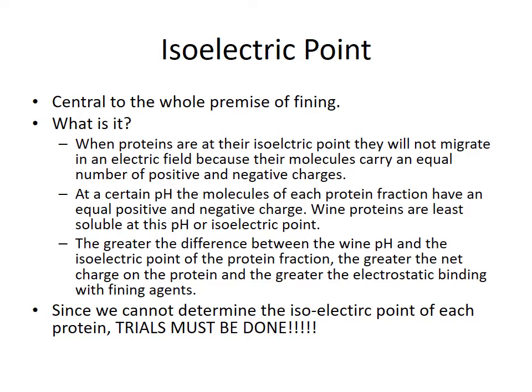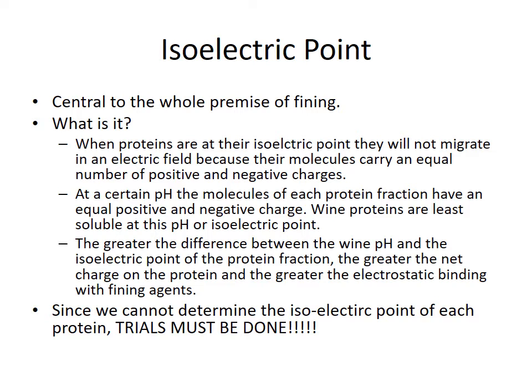So what this means is that there is no difference between the charge of the protein you're putting in and the tannin you're trying to take out. So each individual fining agent may or may not work. And the only way to really do that in a real sense is to do trials.